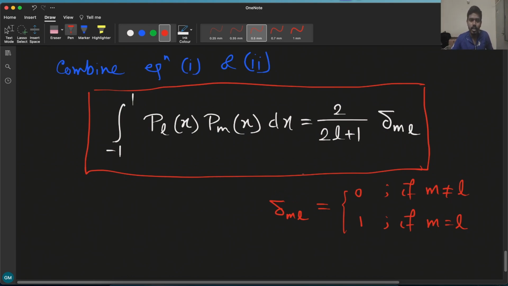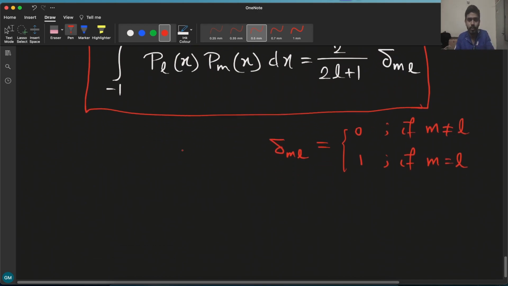So it specifies both the orthogonality property and the normalization factor. So it basically says, if L is not equal to M, in that case those will be orthogonal and we will get 0 on the right hand side, and if L equals M, then it is basically a dot product with itself and we will get some factor which will be needed for normalization.